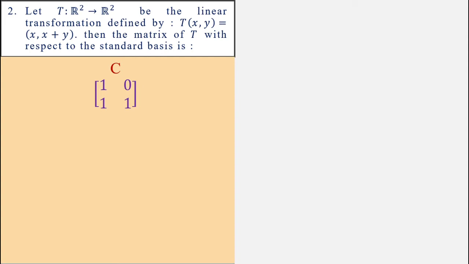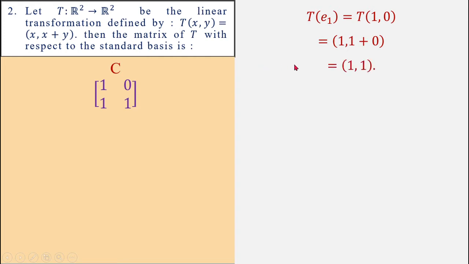Domain is R2, its standard basis vectors are e1 is equal to (1, 0), e2 is equal to (0, 1). So we have to find their images under the transformation T of (x, y) is equal to (x, x plus y). So T of e1 is equal to T of (1, 0). To get T of (1, 0), you have to substitute x is equal to 1 and y is equal to 0 in this transformation. So we get T of (1, 0) is equal to (1, 1 plus 0).